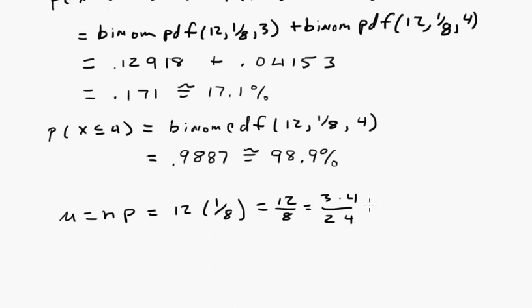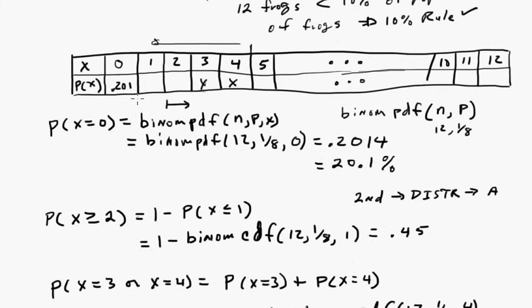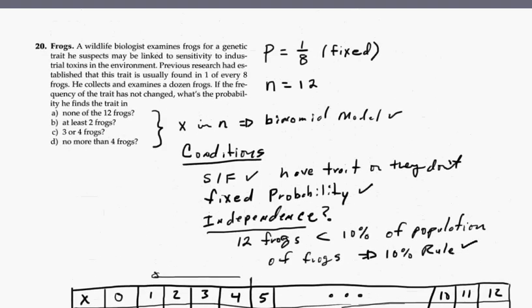No, I didn't do that right. Did I? 3 times 4. That's the mean. Okay, so yeah, I see what I'm doing. 1.5. So the mean would be 1.5 frogs would have that trait. So right in here somewhere. Okay, so I hope that helps.